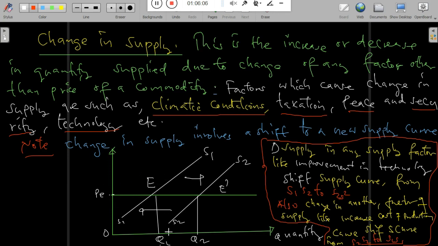So that is how we demonstrate the graph concerning the change in supply.